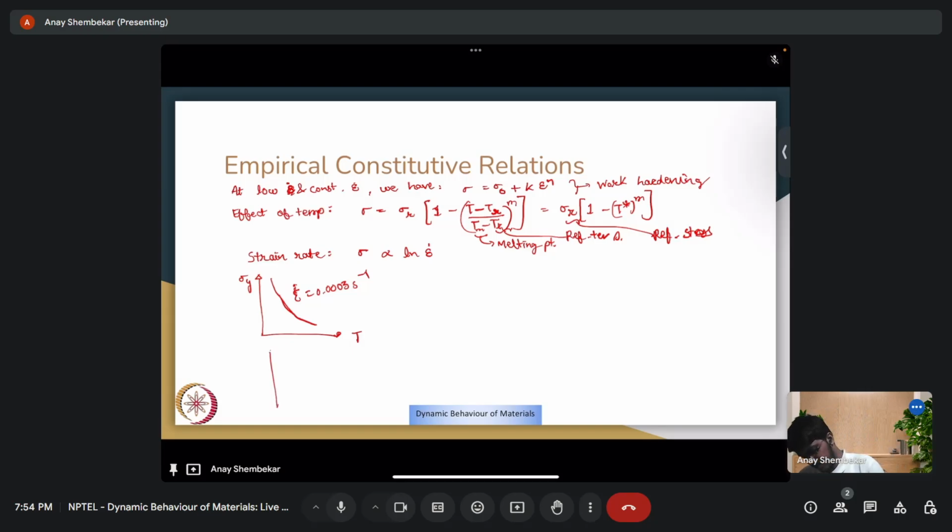Another is for yield stress as a function of logarithm of strain rate, where you have something like 77 Kelvin, 143 Kelvin, 290 Kelvin. So these plots basically show us the effect of temperature and strain rate on flow stress for Fe.